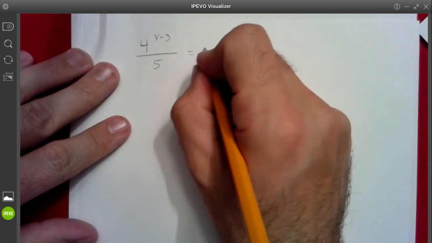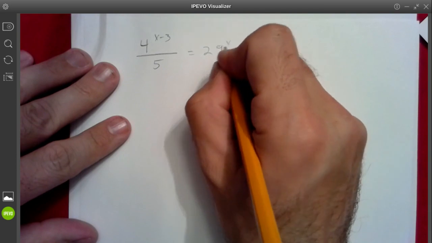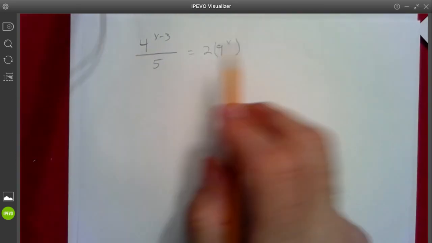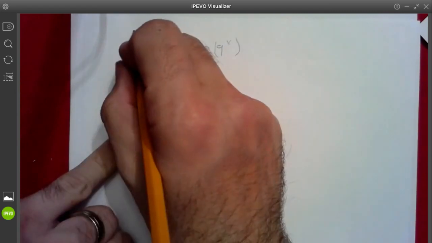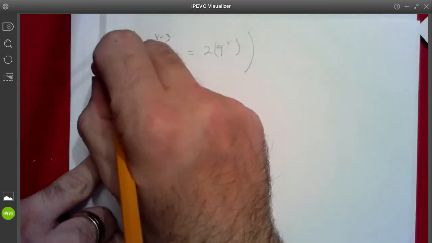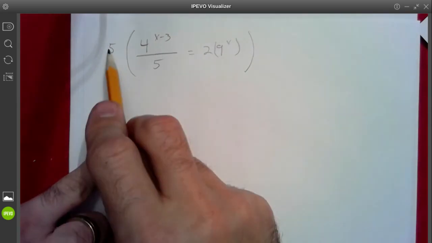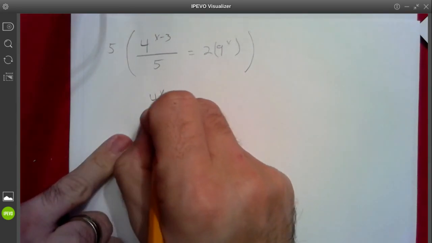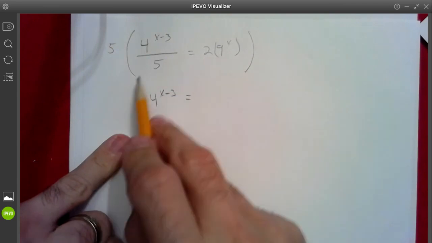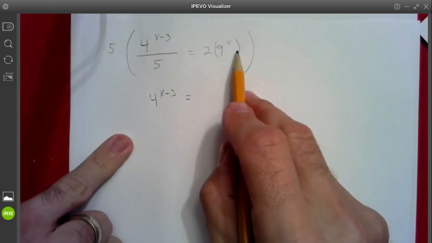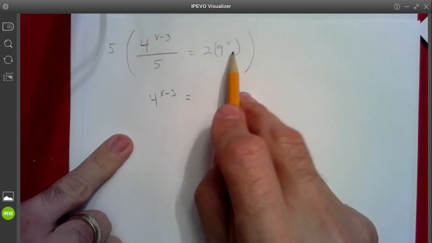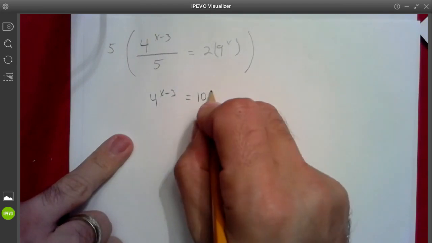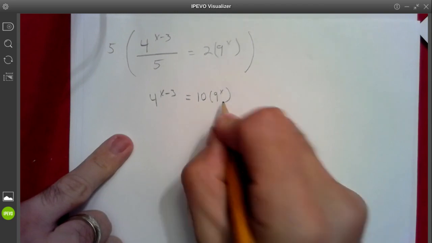If you multiply the whole equation by 5, when you multiply the left side by 5, the 5's just cancel, so it leaves you with 4 to the x minus 3. And when you multiply the right-hand side by 5, it's 2 times 9 to the x times 5. So it's really just 2 times 5, which is 10 times 9 to the x.